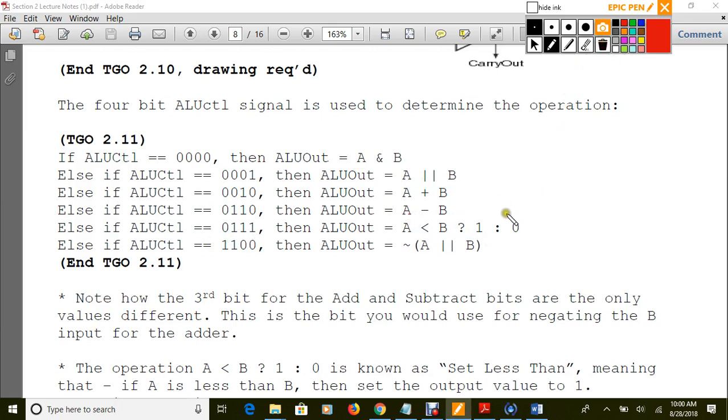So does anybody, before I tell you what it is, actually know what that notation means? What does it mean? A is less than B, put out 1, else put out 0. Exactly right. So what this means is if A is less than B, then the result's going to be 1. Otherwise, the result is going to be 0.